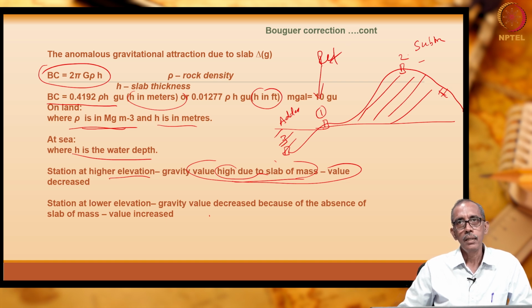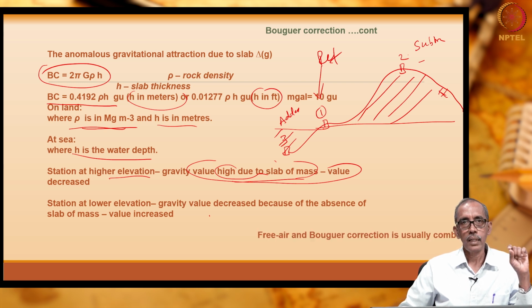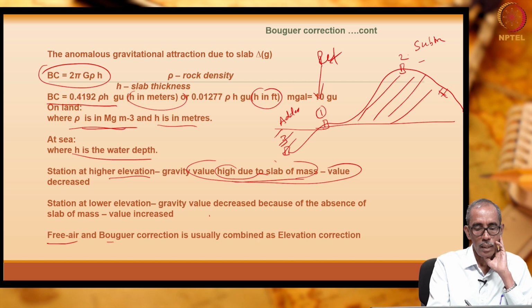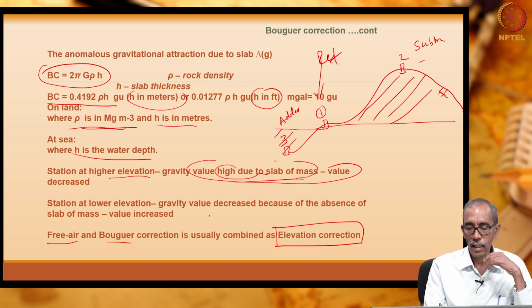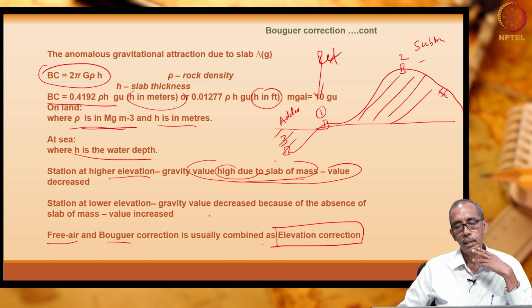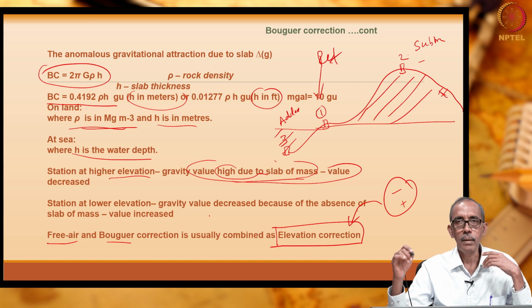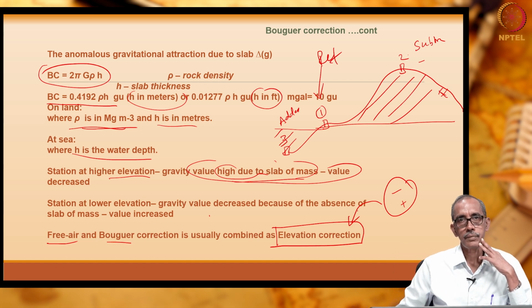In the first case, in free air, we are subtracting; here we are adding. Combined, the free air and Bouguer corrections are added together and known as the elevation correction. One will be minus, another will be plus, and both combined become the elevation correction.